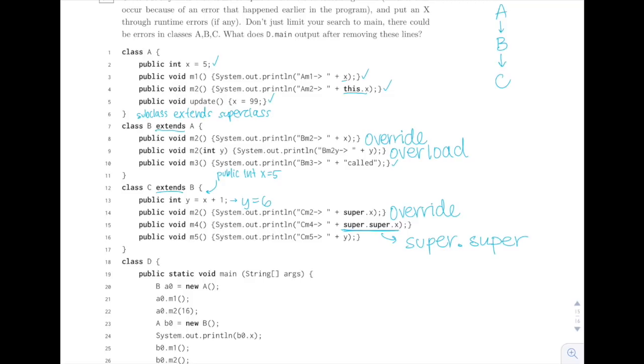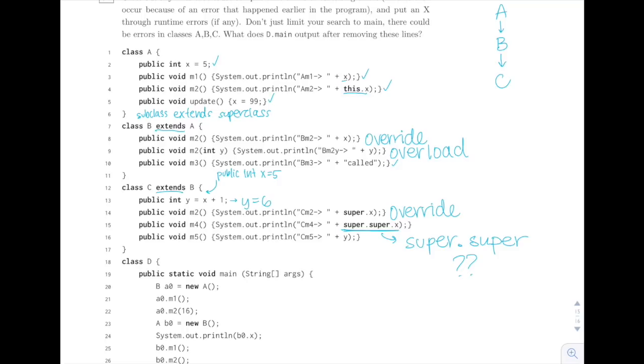So it's like, okay, what is C's superclass? It's B. Does B have an attribute super? No, it doesn't. And so then Java's super confused. All right? So super is not an attribute of the class. It's just a special keyword.